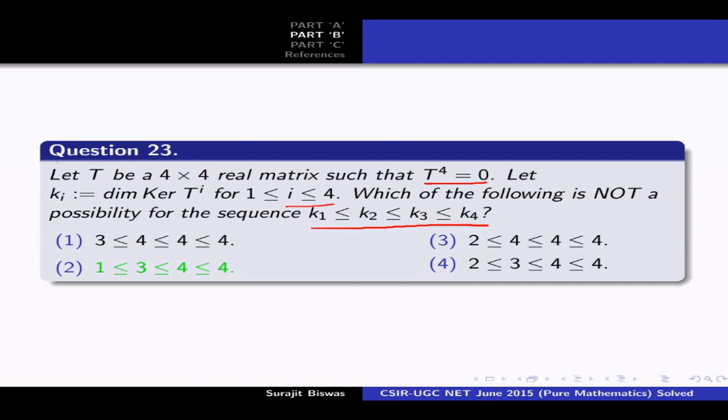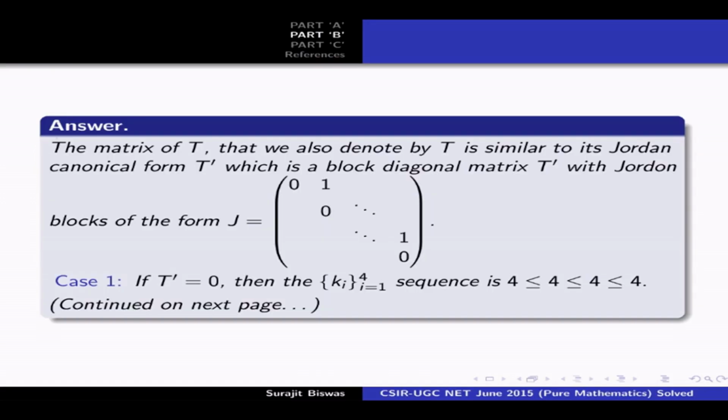Here we will use the corresponding Jordan canonical form of T. The matrix of T, which we also denote by T, is similar to its Jordan canonical form T', which is a block diagonal matrix with Jordan blocks of the form J. That is, the principal diagonal will have 0, 0, 0, and in the right upper corner of that principal diagonal will have all 1.